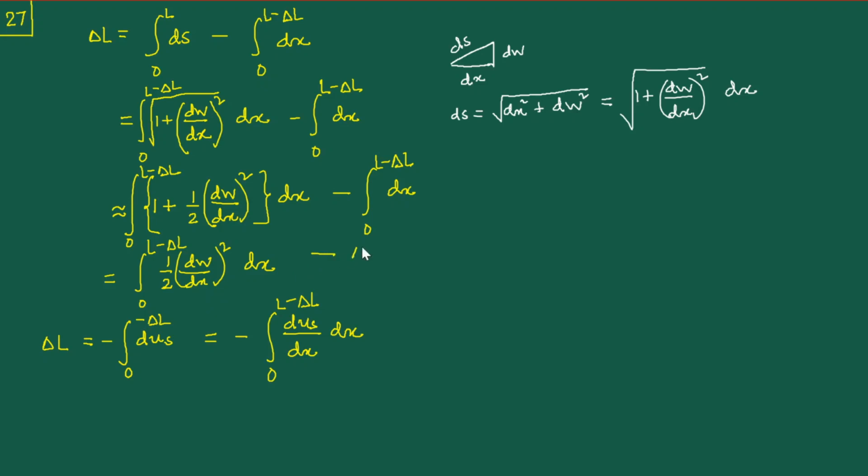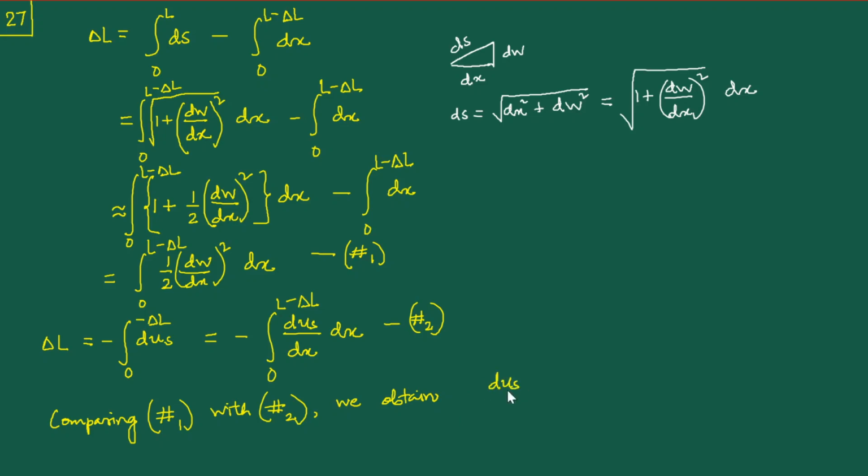So if we compare this with this, comparing hash 1 with hash 2, what we obtain is US dx, basically we are considering the integrand here and the integrand here because the integration is the same.